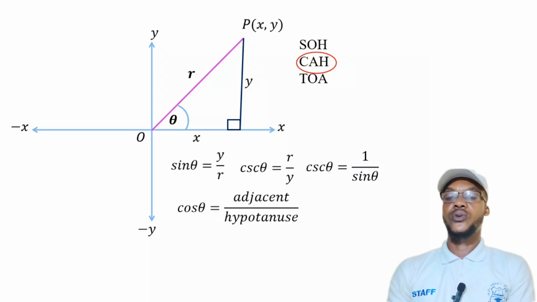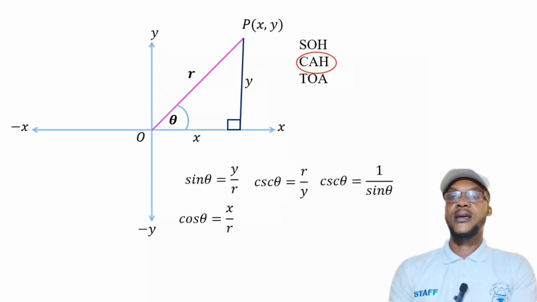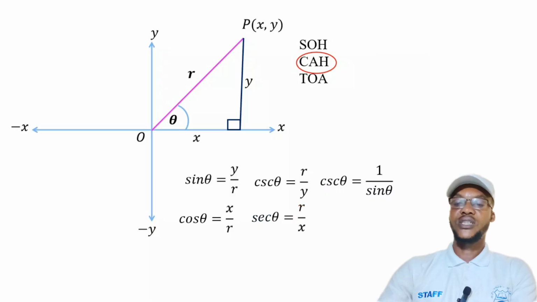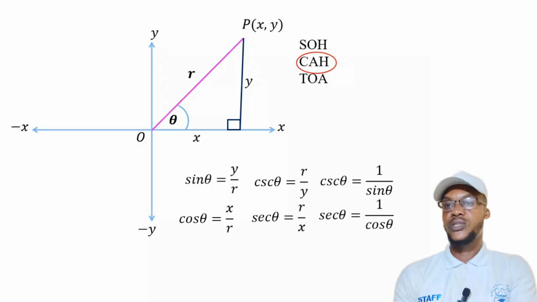So cos theta is equal to x on r. Then its reciprocal is sec. We just reciprocate, bring the numerator down and the denominator up. That is all. And note also that sec theta is equal to 1 on cos theta.